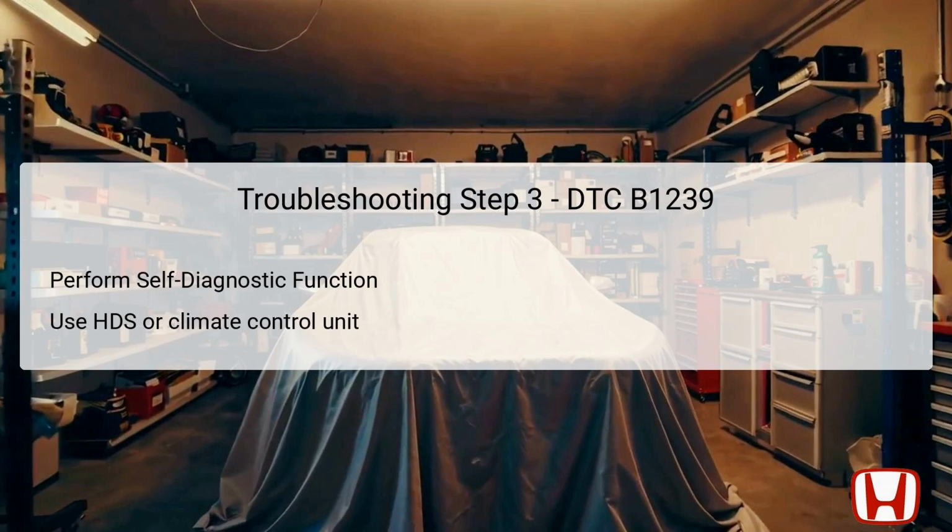In this step, it is essential to perform the self-diagnostic function using either the Honda Diagnostic System, HDS, or directly through the climate control unit. This function systematically evaluates the performance and communication capabilities of the mode control motor and associated circuits.